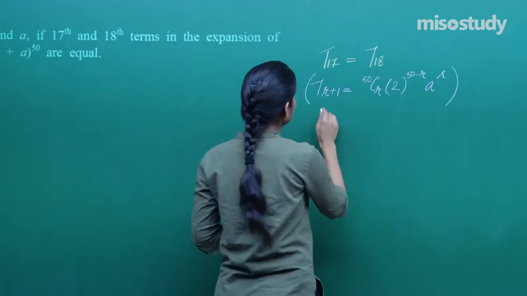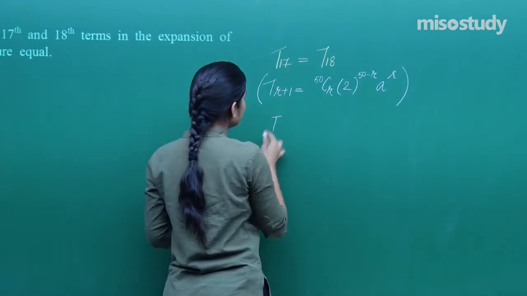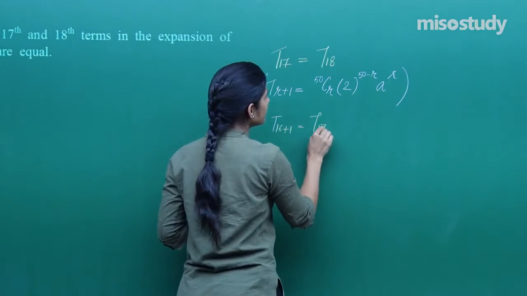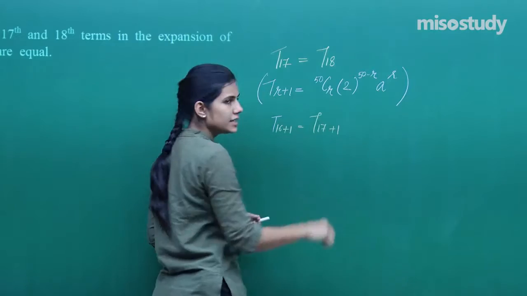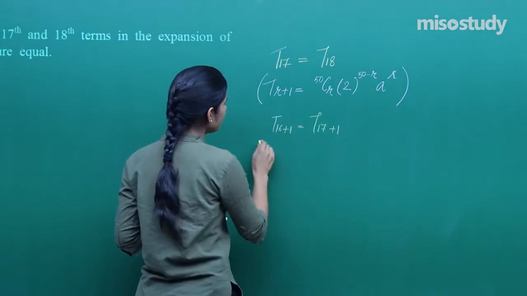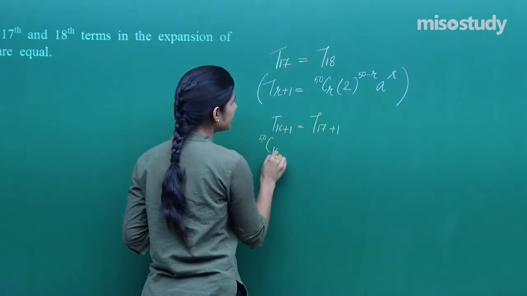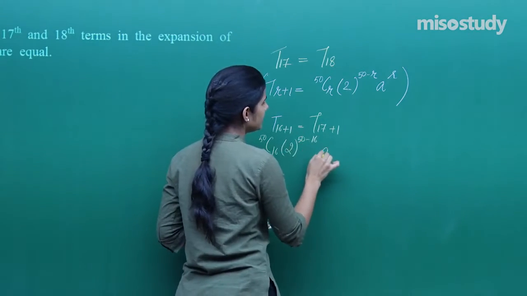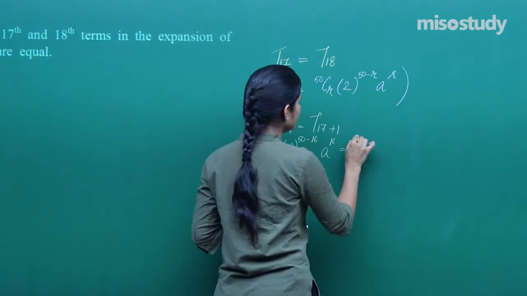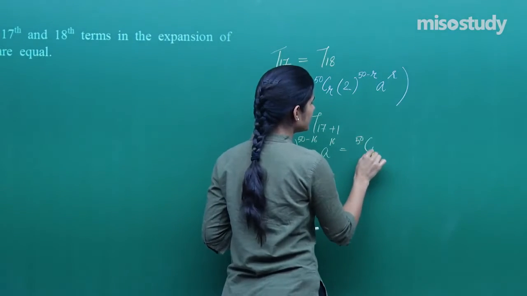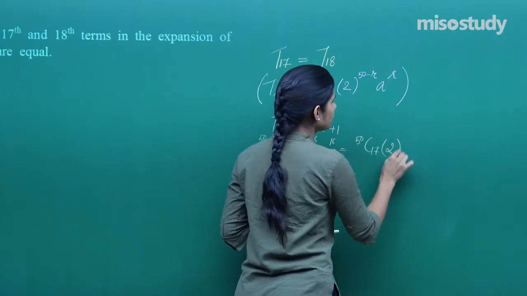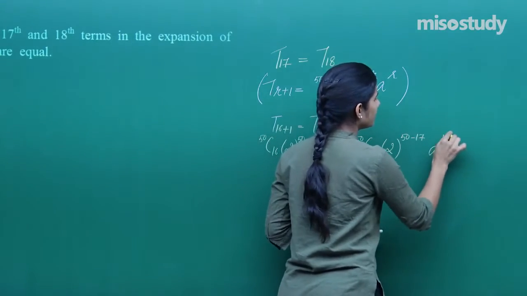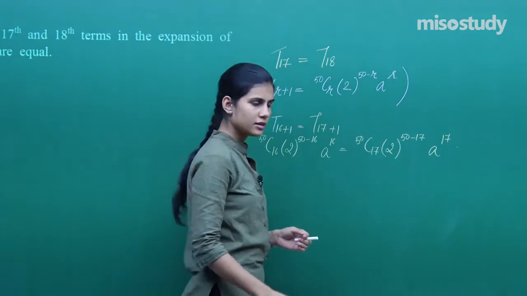Fine. So T17 would be T(16+1), and T18 would be T(17+1). Here r is 16, and here r is 17. T(16+1) is 50C16 2^(50−16) a^16, and this is 50C17 2^(50−17) a^17.